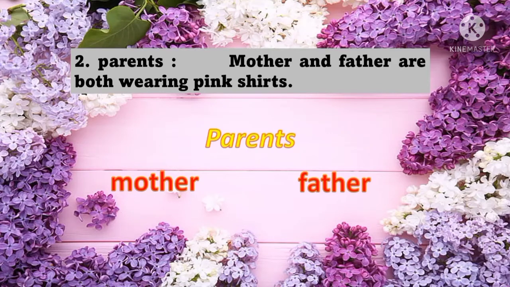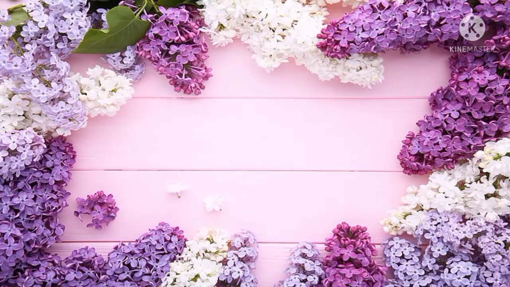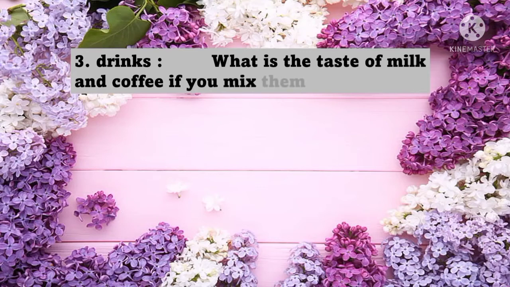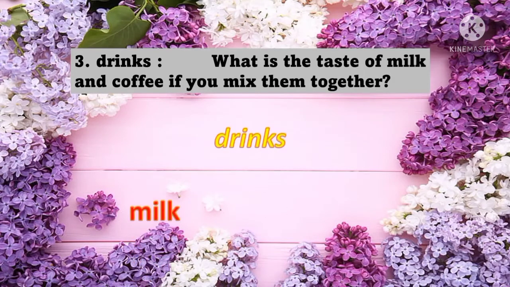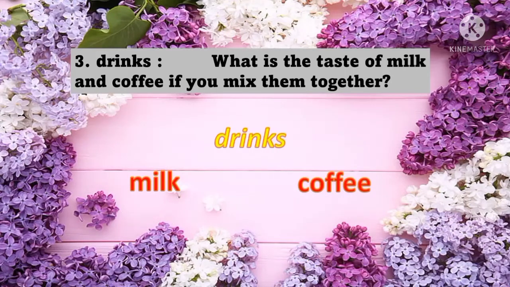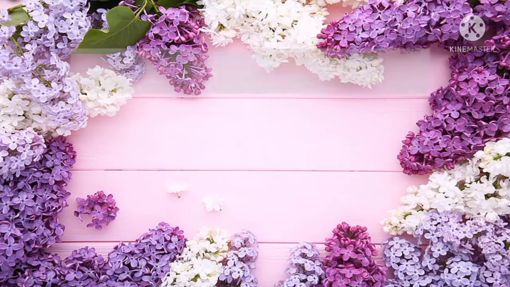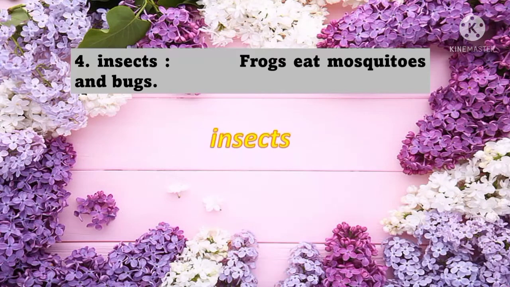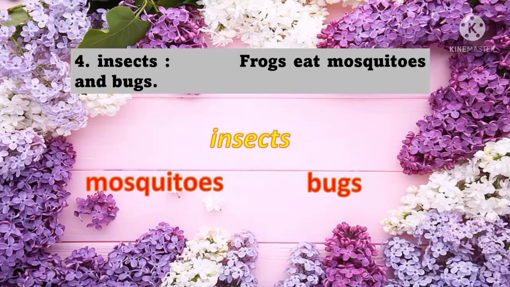Number 3. Our classification is drinks. What is the taste of milk and coffee if you mix them together? The hyponyms of drinks are milk and coffee. For number 4, our classification is insects. Frogs eat mosquitoes and bugs. The hyponyms are mosquitoes and bugs.